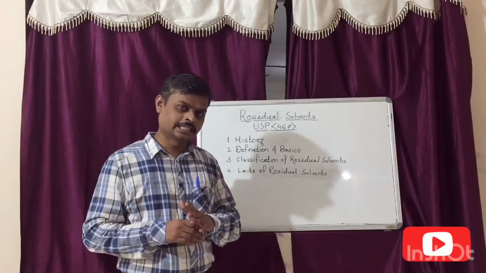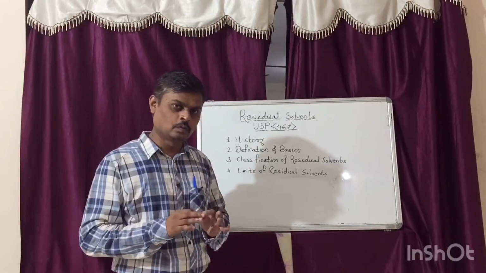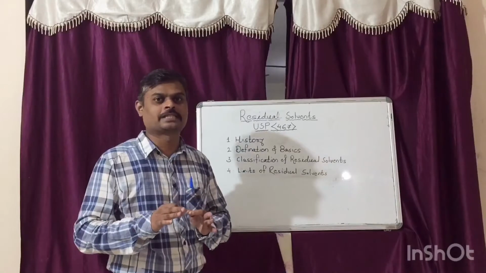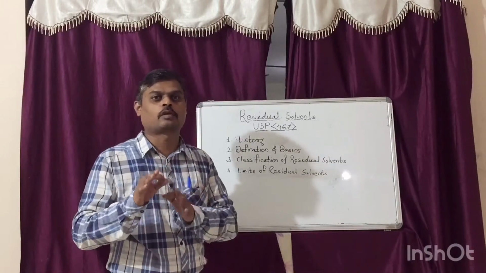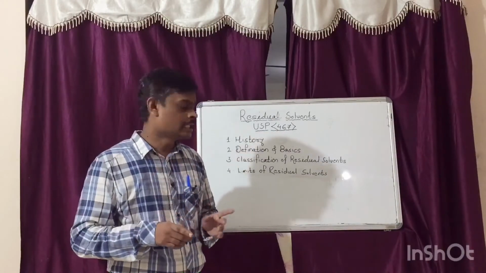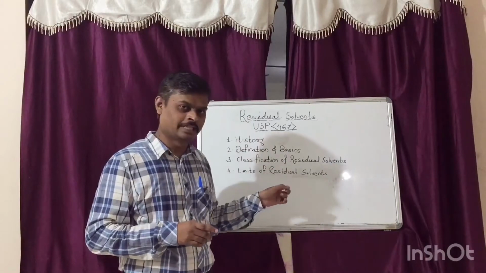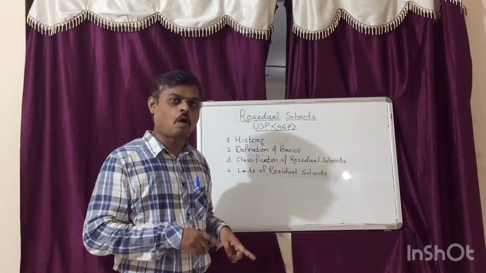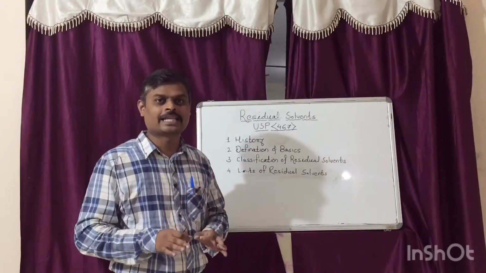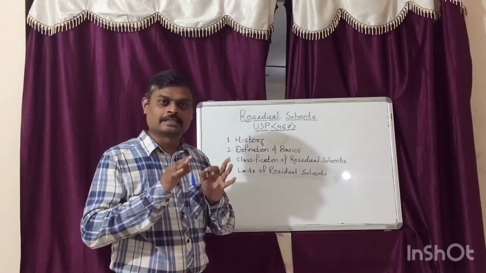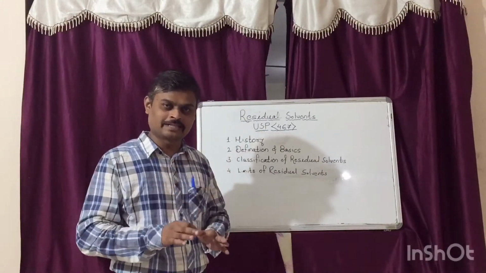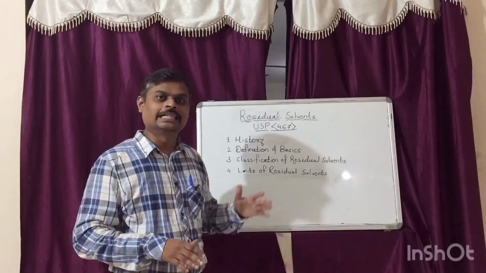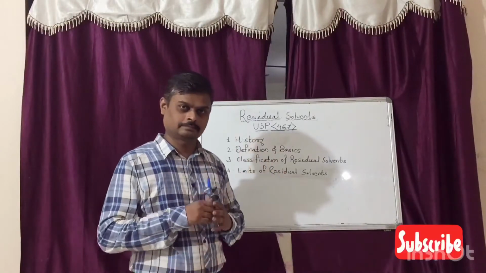ICH Q3C is applicable to only new drug substances and new drug products, whereas USP 467 is applicable to all new as well as existing drug substances, excipients and drug products given in USP.